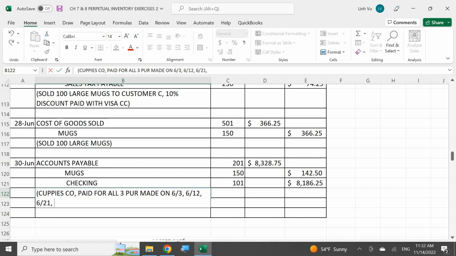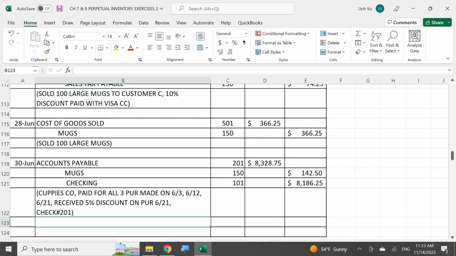Then you're also going to make a note that you received a 5% discount on purchase 6/21, and you use check number 201 to pay.